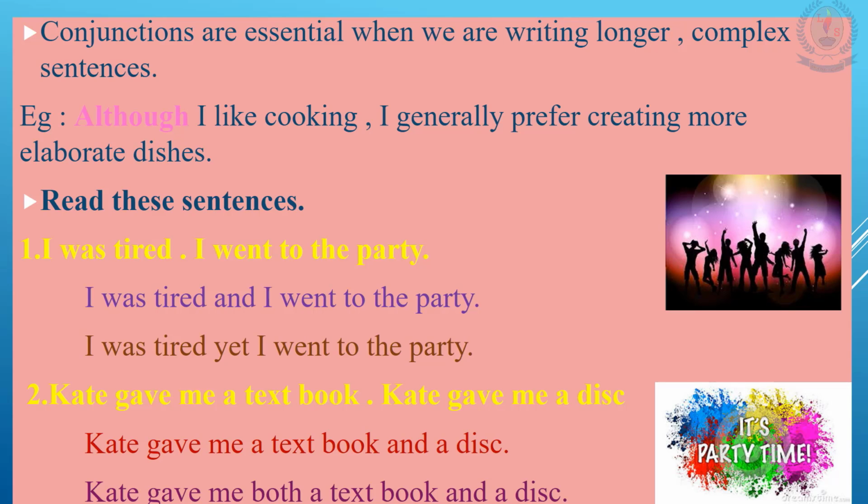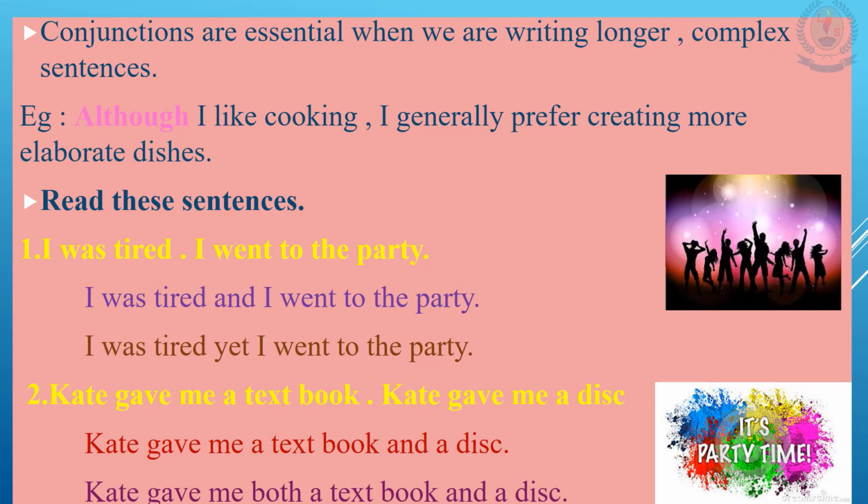Look at the second sentence. Kate gave me a textbook. Kate gave me a disc. So here two things are given by Kate to me. The conjunction I have used in the first one is and. Kate gave me a textbook and a disc. And in the second answer, I have used another conjunction. Let's have a look at that. Kate gave me both a textbook and a disc.